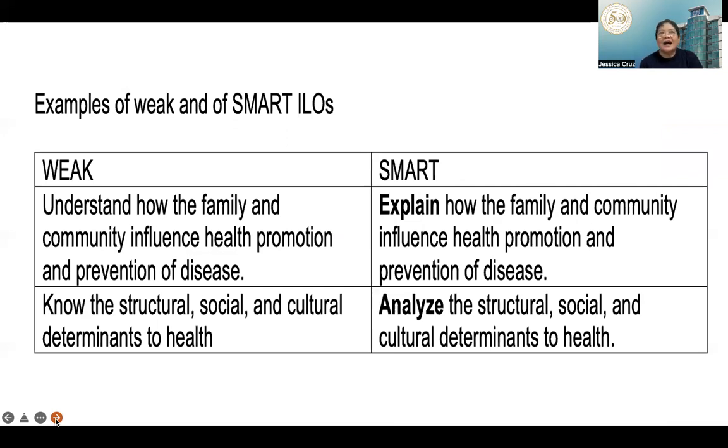How much do you know or how much do you understand? So they're pretty non-specific. So it's difficult to measure them, and it's difficult to determine if the learner has achieved that competency of understanding or that competency of knowing, in contrast to more specific verbs like explain or analyze.